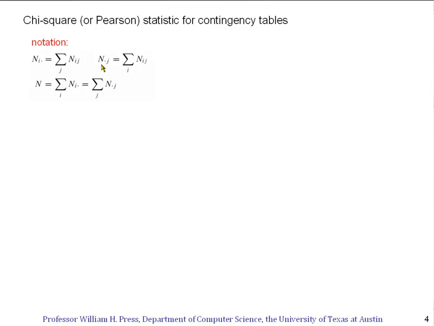Similarly, N dot j is the sum of all the rows in the jth column. And finally, of course, there's the total number of counts in the whole table, which is either the sum on i of Ni dot or the sum on j of N dot j. So I could write this as N dot dot, but I'll just write it as capital N.